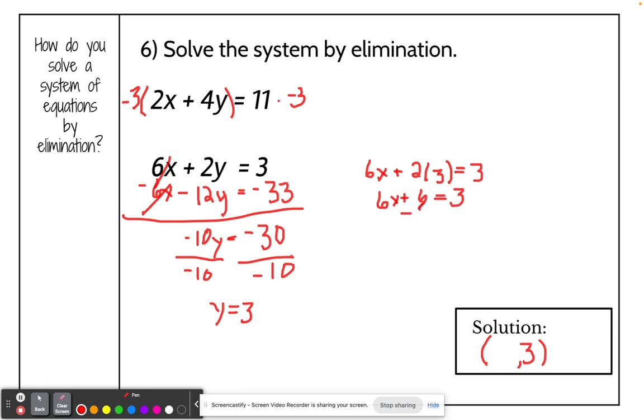Subtract 6 from both sides, and I get 6x equals negative 3. Let's divide both sides by 6, and x will equal negative 1/2. Negative 3 over 6 is negative 1/2. So the answer to this system is negative 1/2, 3.